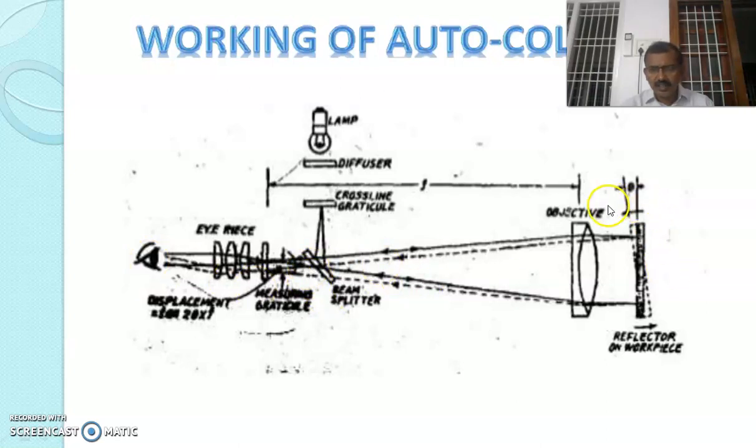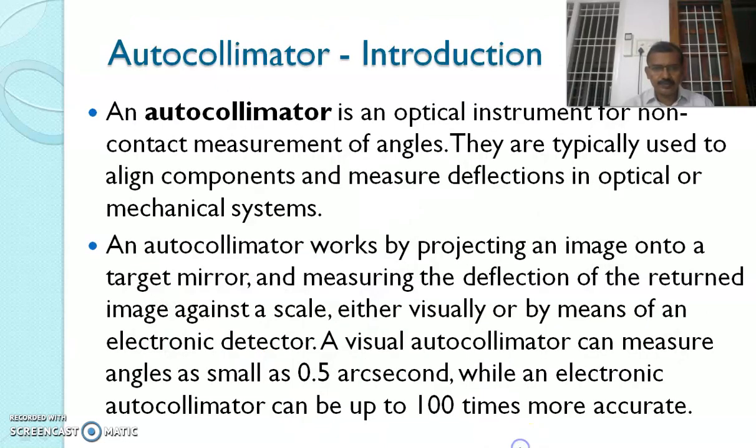When it hits the inclined plane, it is reflected by angle 2 theta, or 2 alpha. The distance O dash is measured by this microscope.